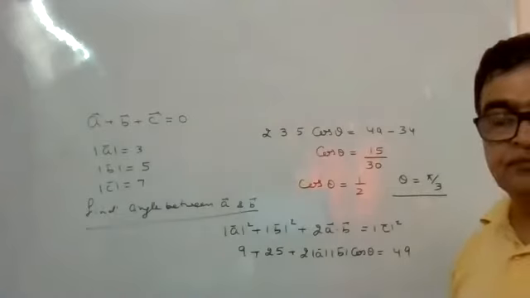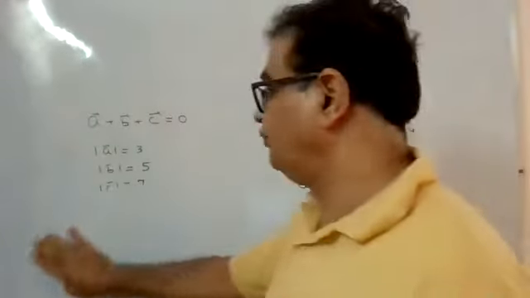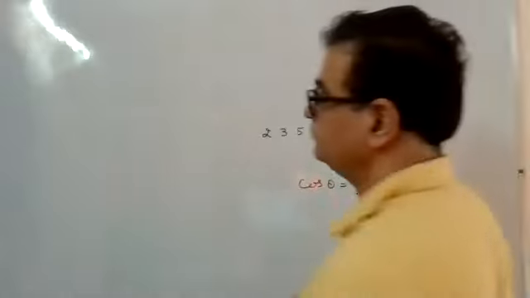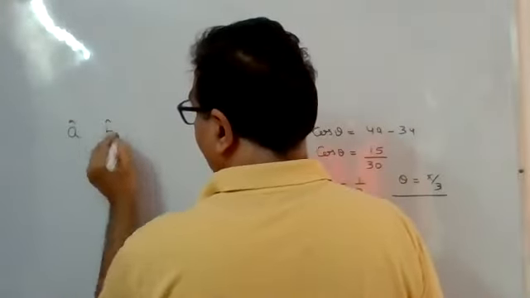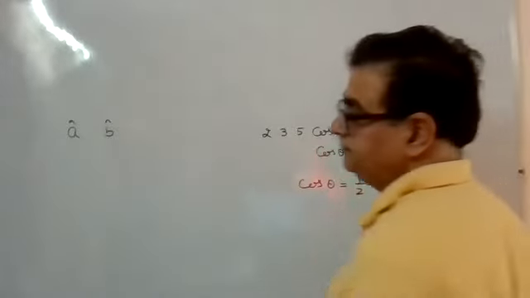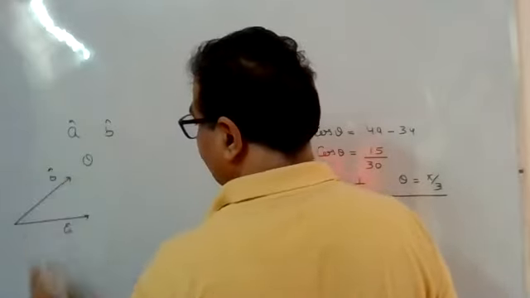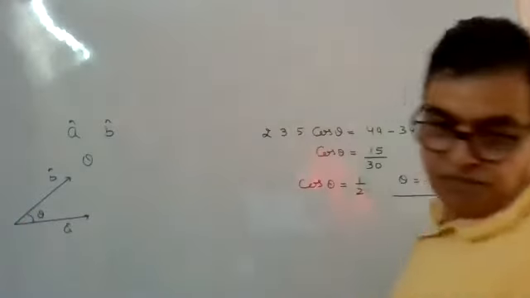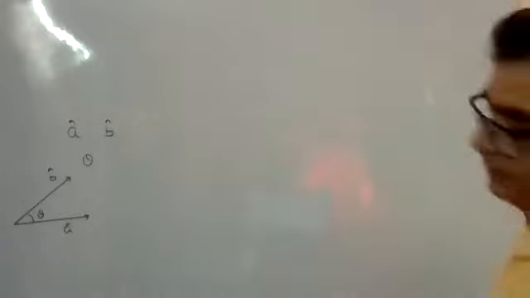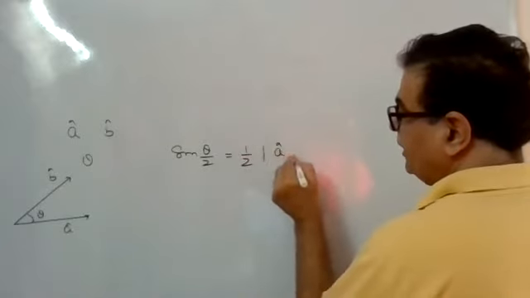Next question, please. If A cap and B cap are two unit vectors inclined at an angle theta, A cap is the first vector, B cap is the second vector, then prove that sine theta by 2 equal to half modulus of A cap minus B cap.